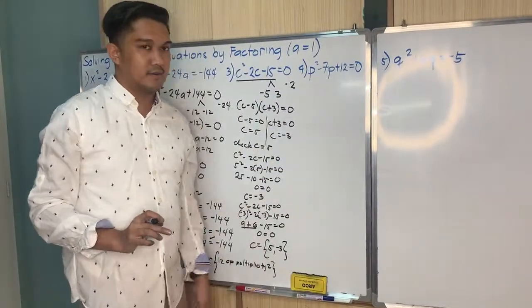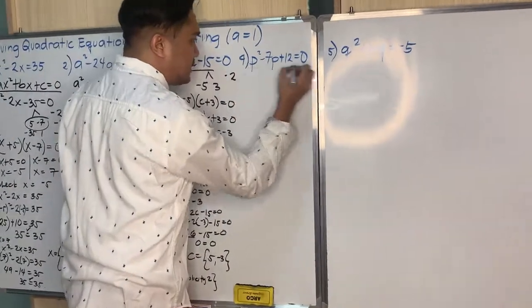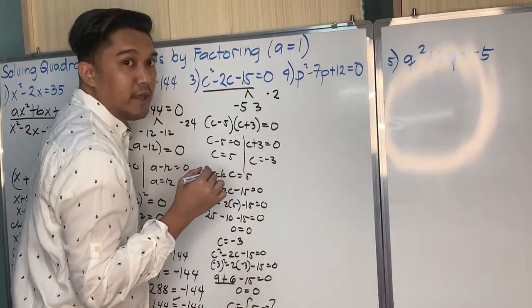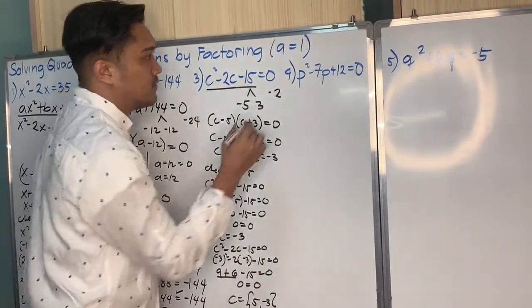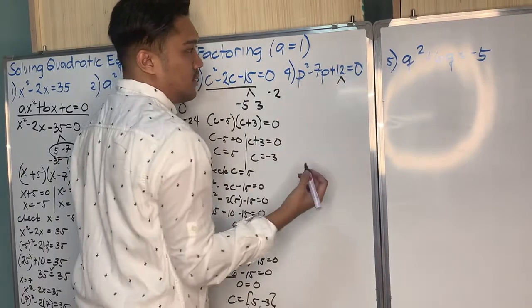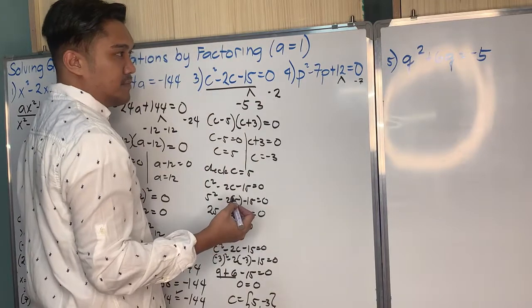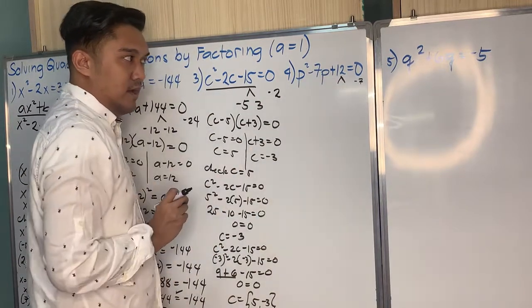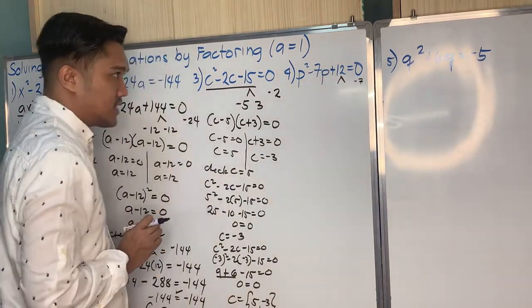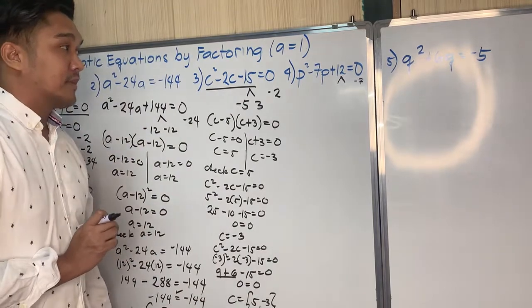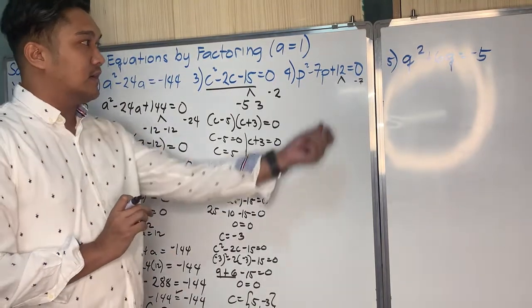Number 4. It is already in general form, ax squared plus bx plus c equals 0. So ngayon, factor mo yung 12 na ang sum ay negative 7. Ibig sabihin, kung positive yung 12, dalawang factors na ang product ay positive.